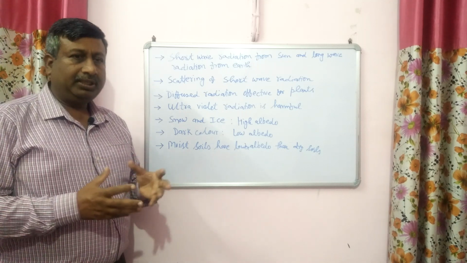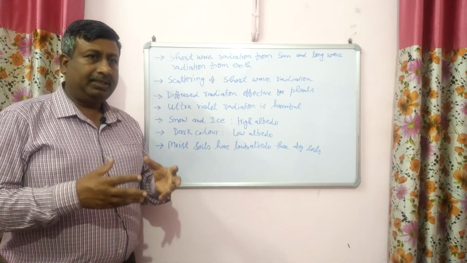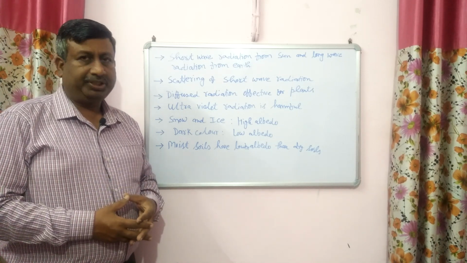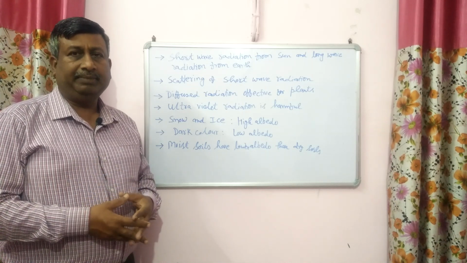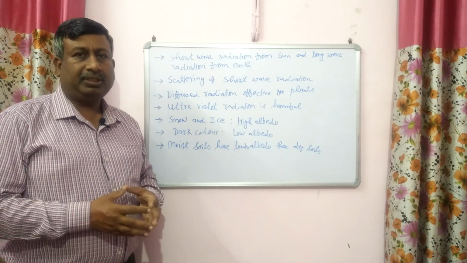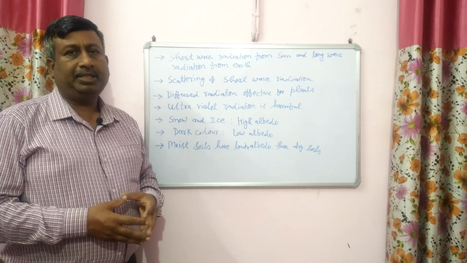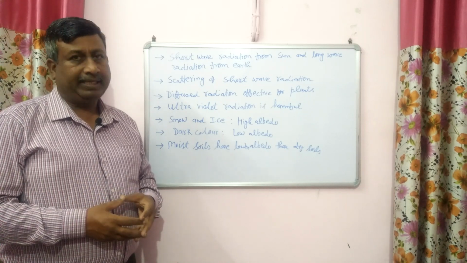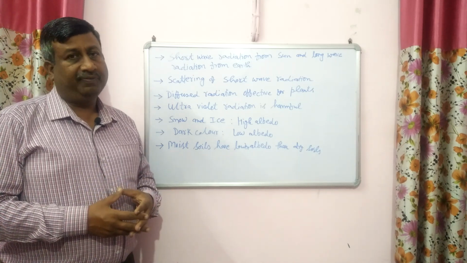So actually this radiation is emitted by a body when it is heated and has temperature. As the temperature increases, heat is emitted in the form of radiation. When a body gets temperature, it starts to emit radiation. As the temperature increases, the amount of radiation also increases, but the quality or the wavelength is different.